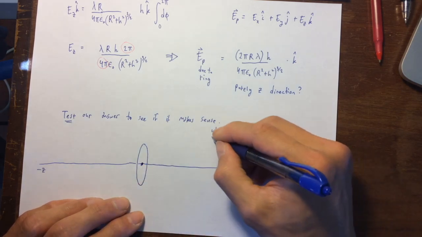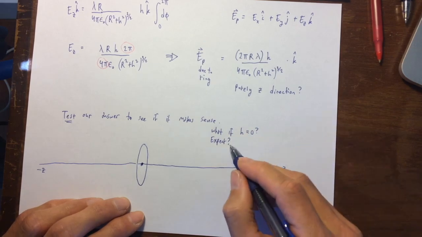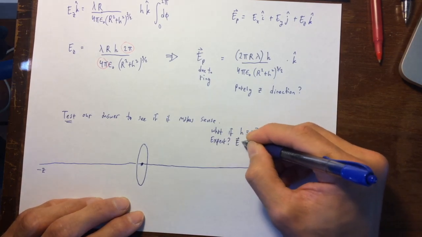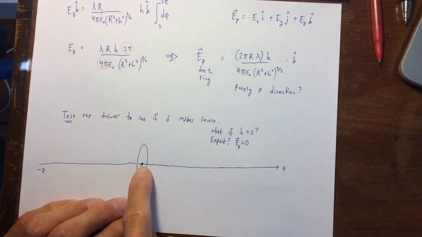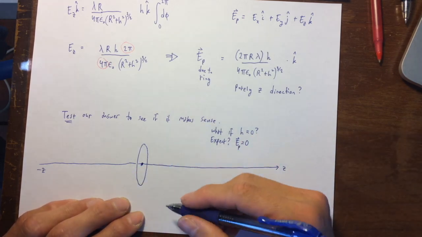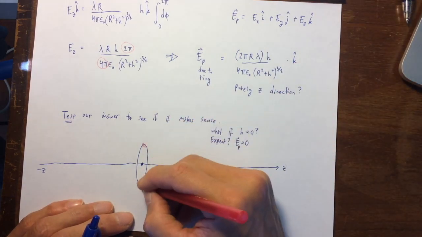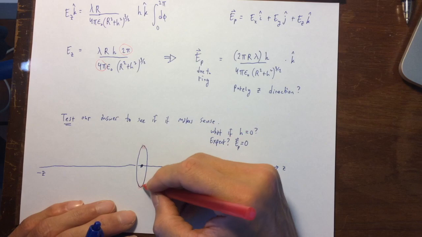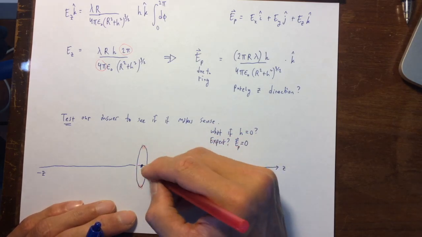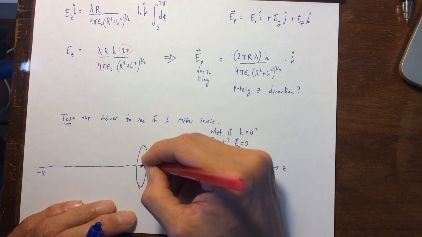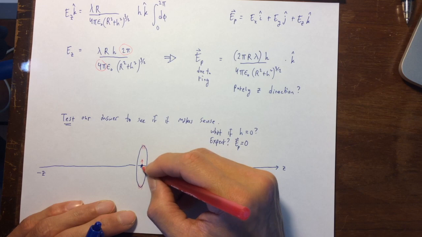So what do I even expect? I expect that the electric field goes to 0 at this place P, right there. And the reason I expect it is if you look at charge here versus charge here, the charge here, if the ring is positive, will repel a positive test charge, and this charge will repel it backwards.